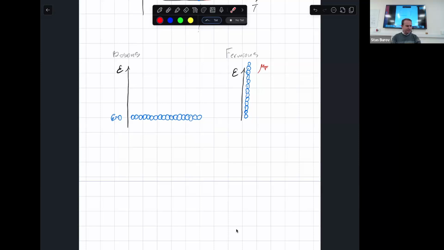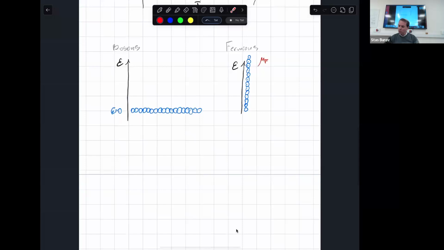So what kind of math do we have inside? I remind you what formulas we have. First of all, we know that the average number of particles, n, equals g0 V divided by lambda t to the third power, times f 3/2 of fugacity.